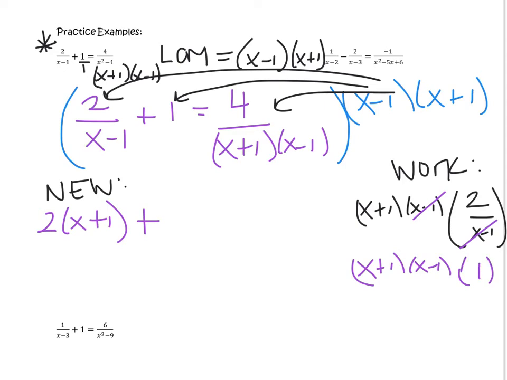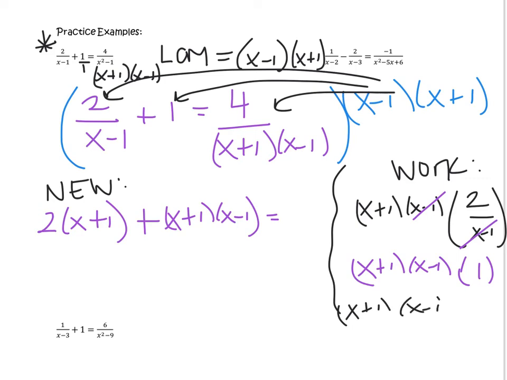So that one is really just going to be x plus 1, x minus 1, which we'll come back and simplify in a second. And then lastly, I have to do my x plus 1, x minus 1 times my 4 over x. I'm just going to write it as that only because I ran out of room over there. But this would factor into those, so all of that drops, and I get a 4. So there's my new equation.